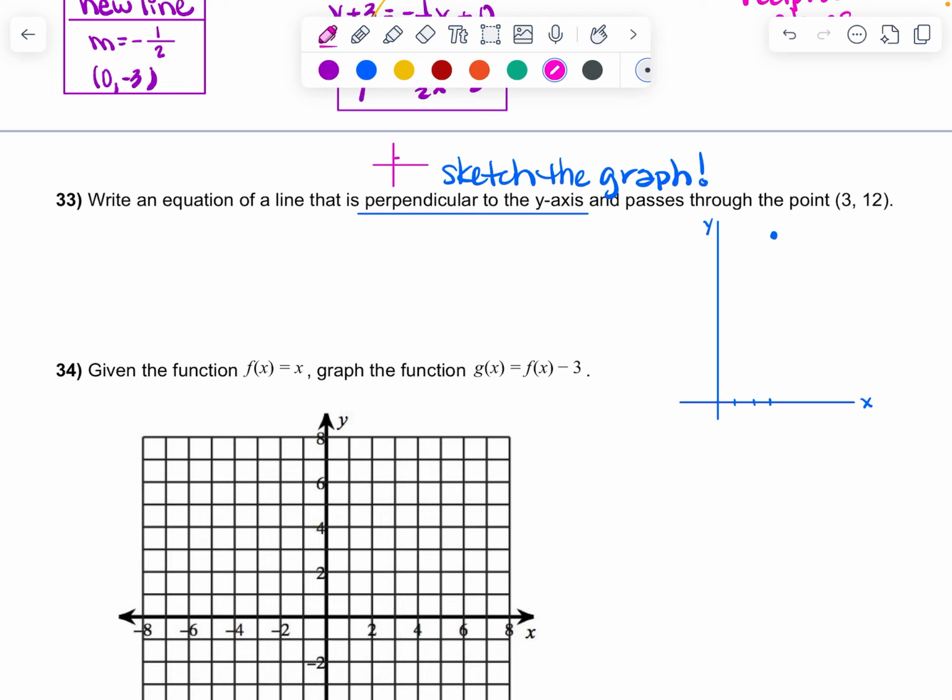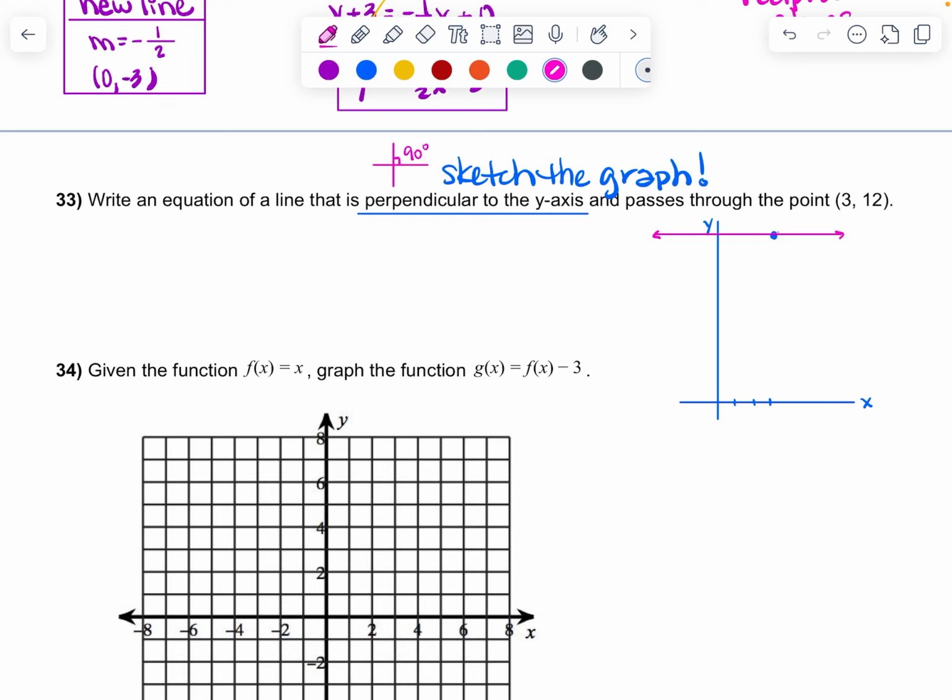Well, remember, perpendicular means intersecting at a perfect 90-degree angle. So if I want to be perpendicular to the y-axis, that means I have to create a 90-degree angle with the y-axis. So that's this line right here.